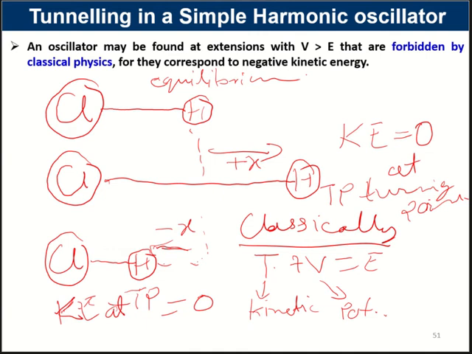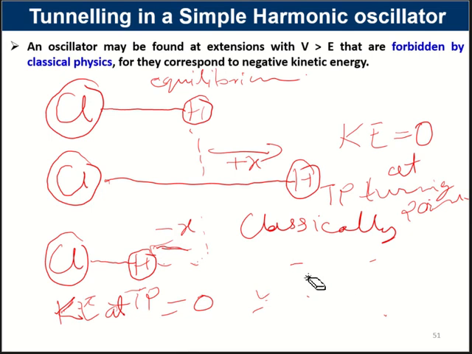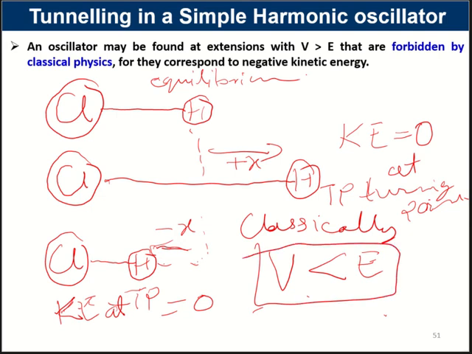So this is classical thing, and classically what we are talking about is that the potential energy is always, V is always smaller than E in that region, in between the two turning points. दोनों टर्निंग पॉइंट के बीच में, जो आपका क्लासिकल जो बचपन से जो झूला देखते आए, उस बीच में हमेशा पोटेंशियल एनर्जी इज लेस देन टोटल एनर्जी.